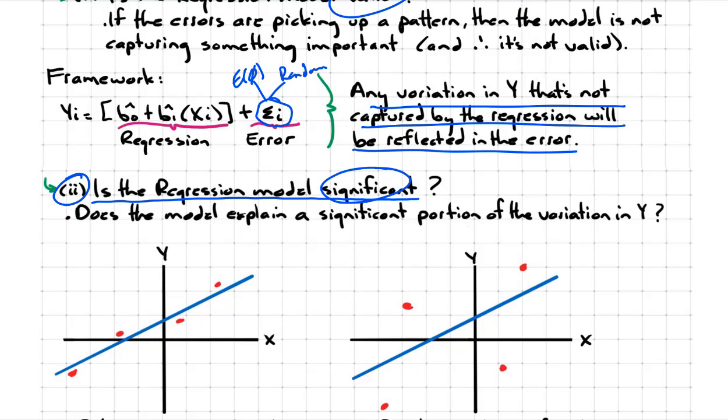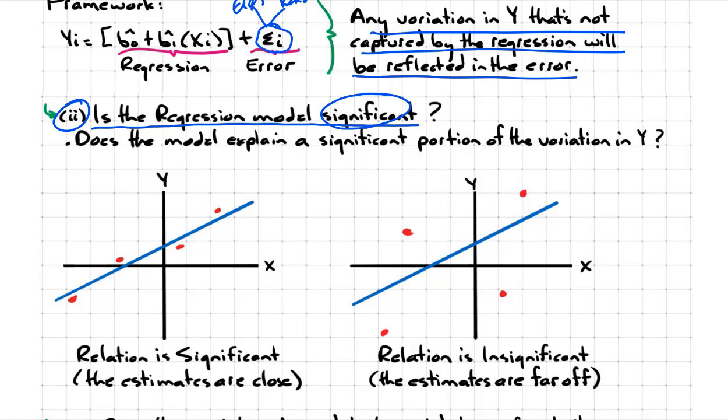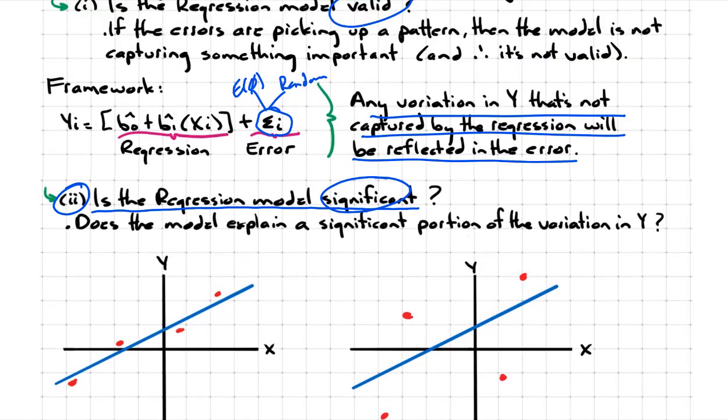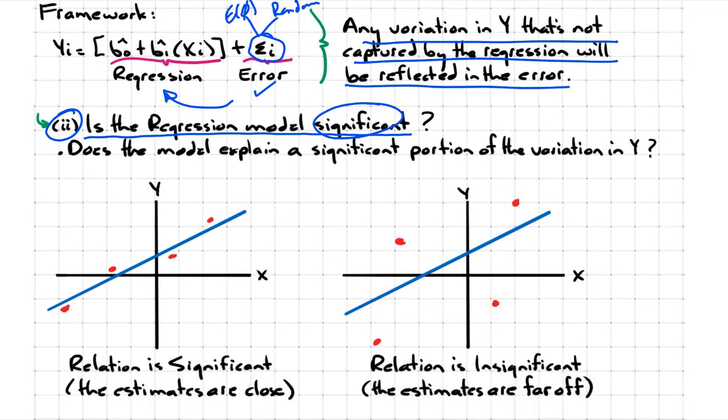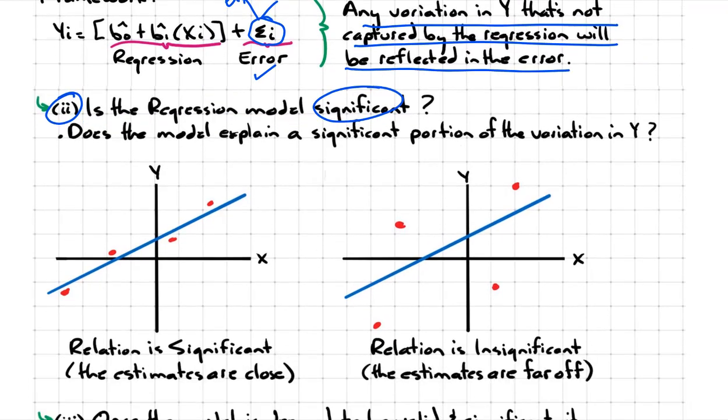Once you've satisfied that condition, that's when you say, well, how good is this model? Do you see how it just flows? Once you say the error is okay, then you look at the regression and start kicking the tires, if you will.